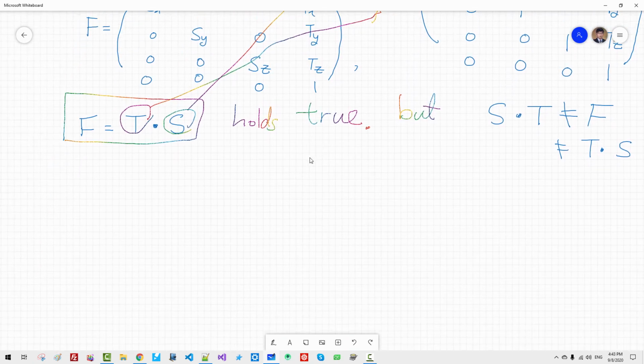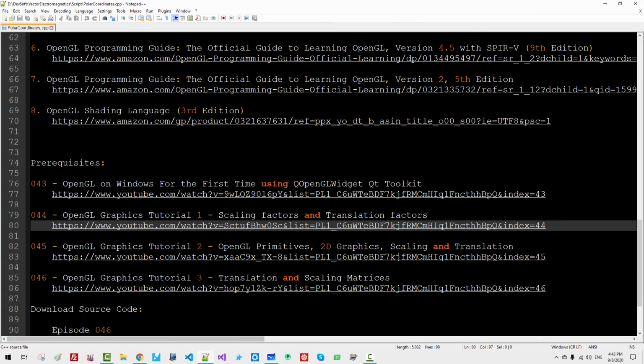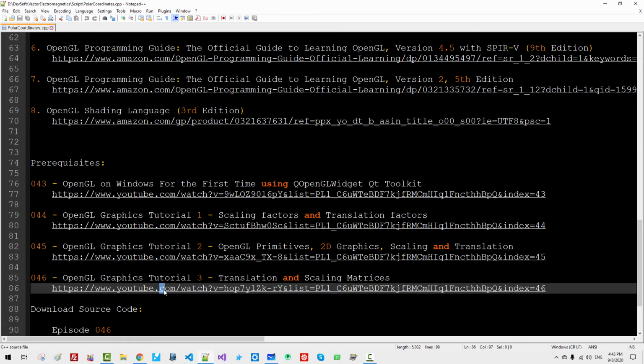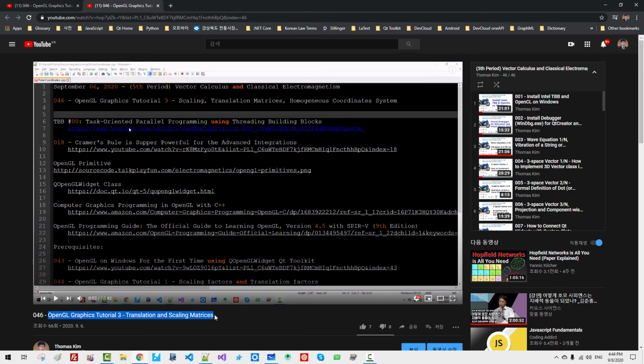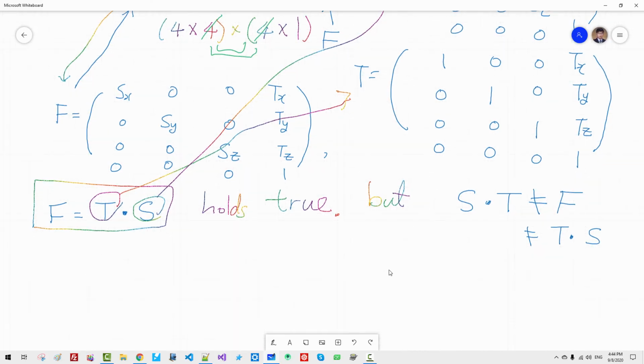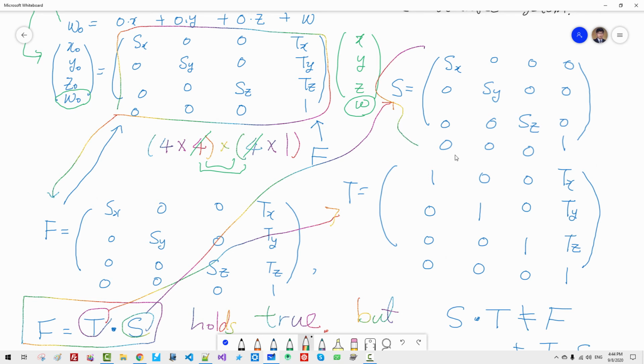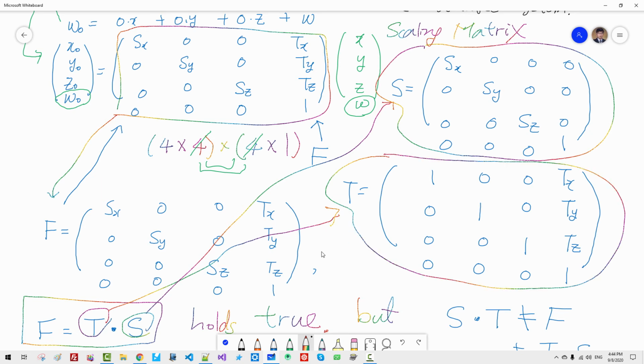As I mentioned in a previous episode, episode 46, please watch this video. In this video, we learned that we have to apply the translation matrix prior to the scaling matrix. In this representation, matrix S is the scaling matrix. This matrix T is the translation matrix.